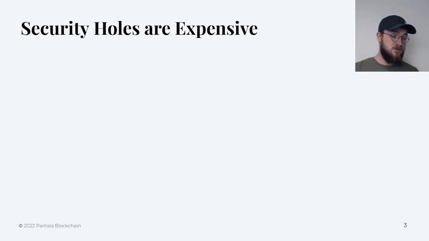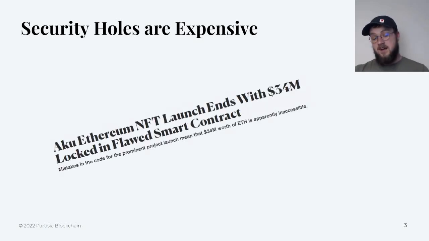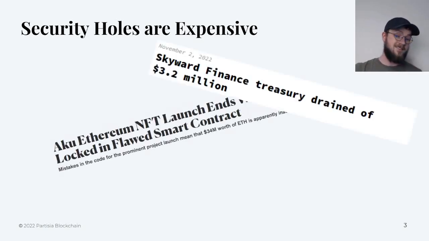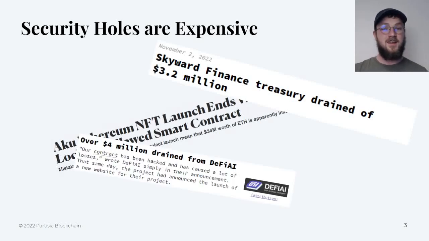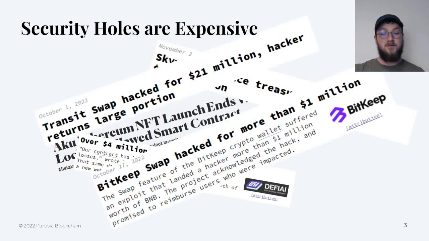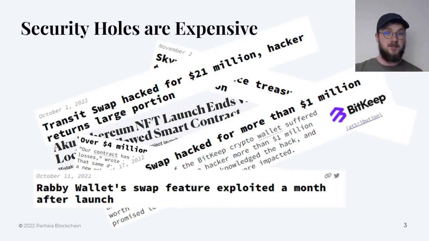And we've seen a lot of different examples, such as the Akutars Ethereum NFT, the Skynet Finance Treasury, different DAOs, all of these different kinds of exploits in the smart contract where the security and the behavior of the smart contract is not understood well enough, or there is an exploitable way of doing it such that we cannot see exactly how it is working, but somebody else knows exactly how to call it or interact with it such that they can exploit the contract.